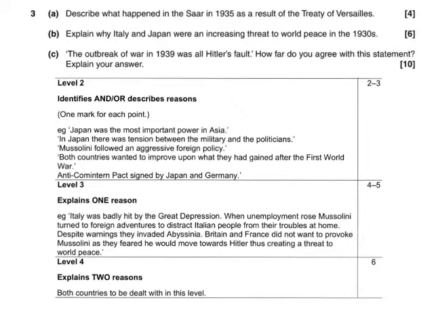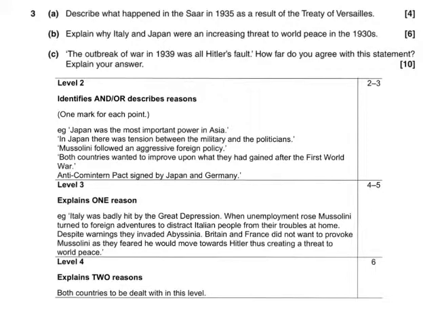The rule of thumb is, can I still ask the question why about them? Am I still wondering why there's an increasing threat to world peace, or does this fully explain? These are just the reasons, but there's no explanation behind them, and I would want to ask, well, why did that increase the threat to world peace?